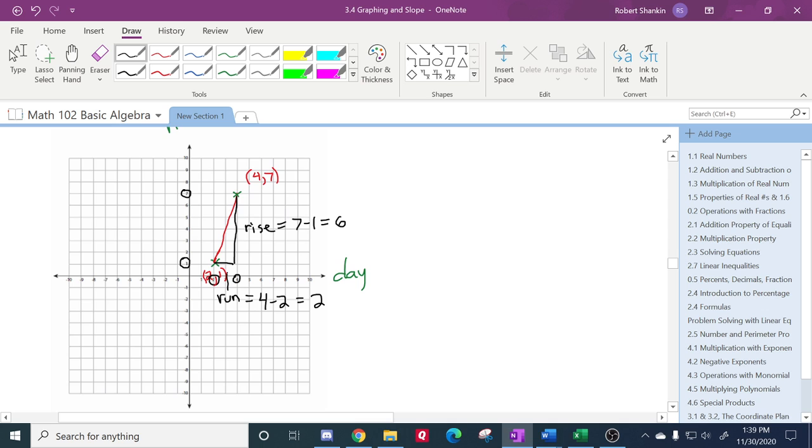So the run is right there. So how many days did it take for the price to rise $6? It took 2 days for the price to rise $6. What seems natural to do between these 2 numbers? Add them, subtract them, multiply, or divide them? Divide. Divide. All right.